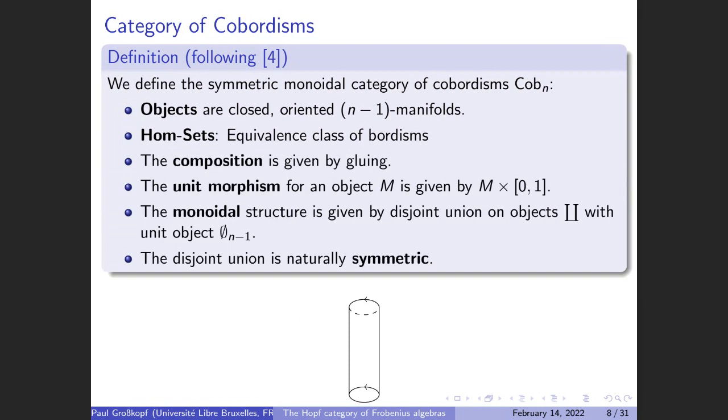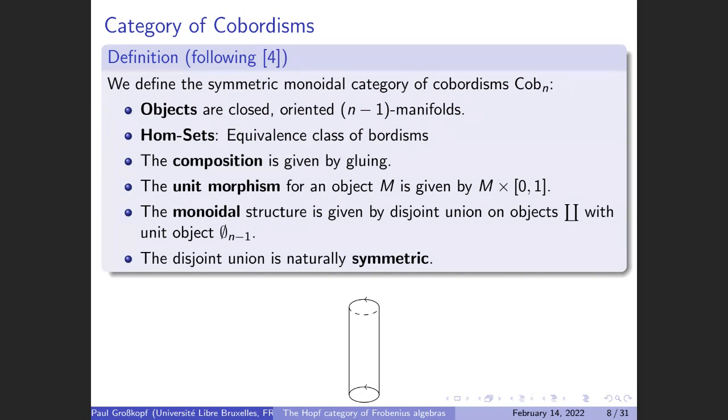Something particular I can also endow on this category is a monoidal structure, by just taking the disjoint union of objects and the disjoint union of morphisms. The monoidal unit in this particular case would be the empty manifold.